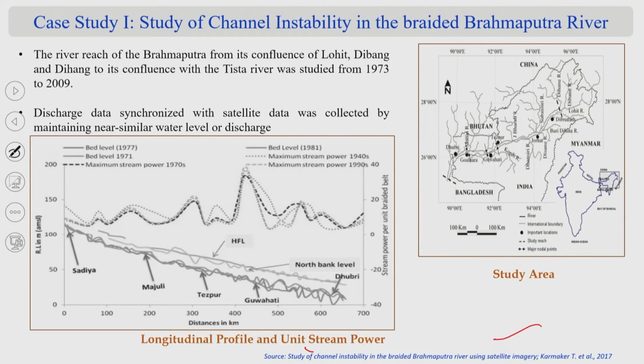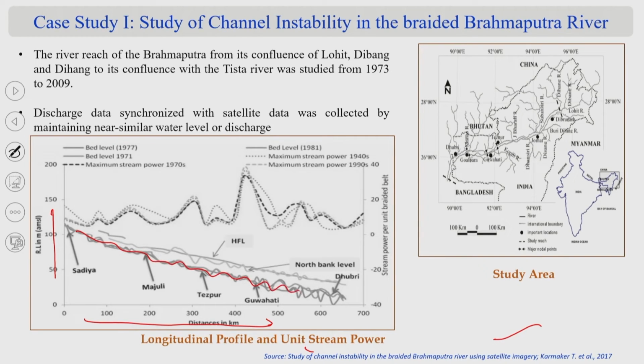So, what I am looking at is a 700 kilometer length of the Brahmaputra river, starting from the river reach, all the data for 700 kilometers, and these are the elevations. If you look at how the bed slopes are changing, this is our original data.